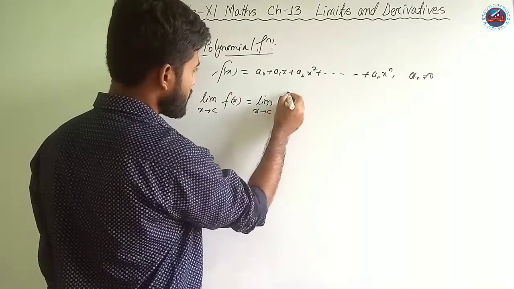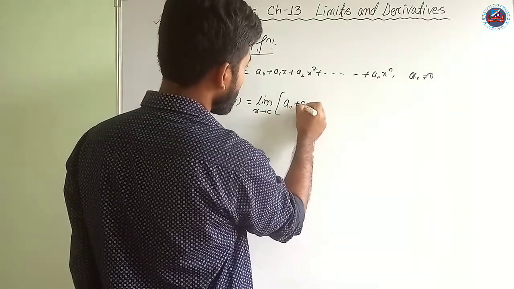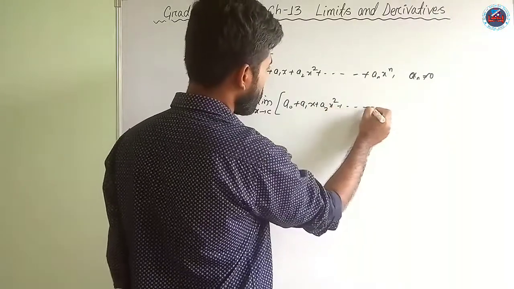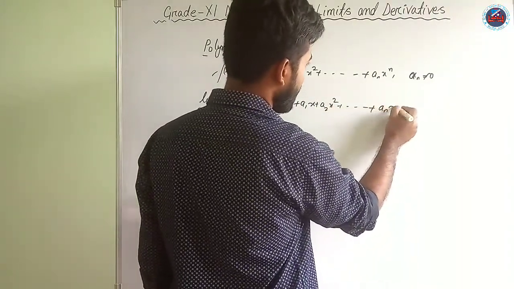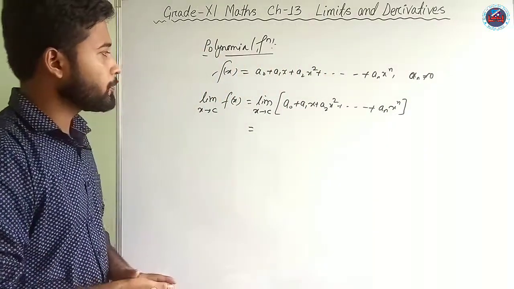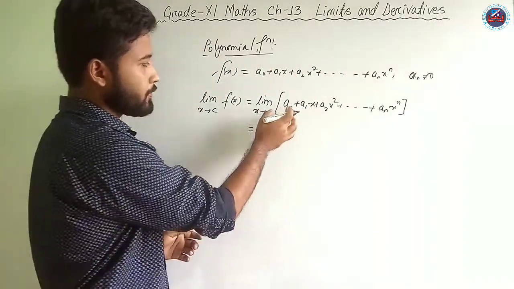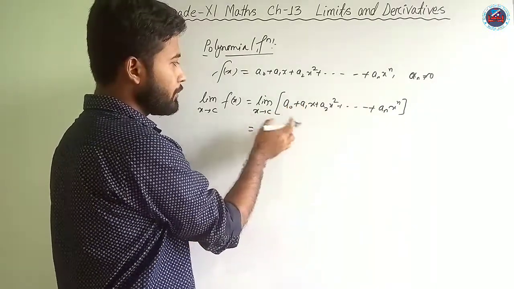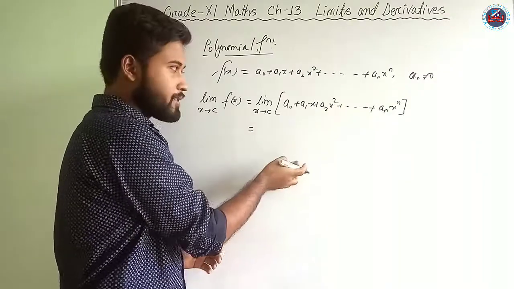So this will be the limit as x tends to c of a0 + a1x + a2x² and so on plus an xⁿ. Now, using the algebra of limits, if we have two functions f(x) + g(x), then the limit of that will be the limit of f(x) plus the limit of g(x).